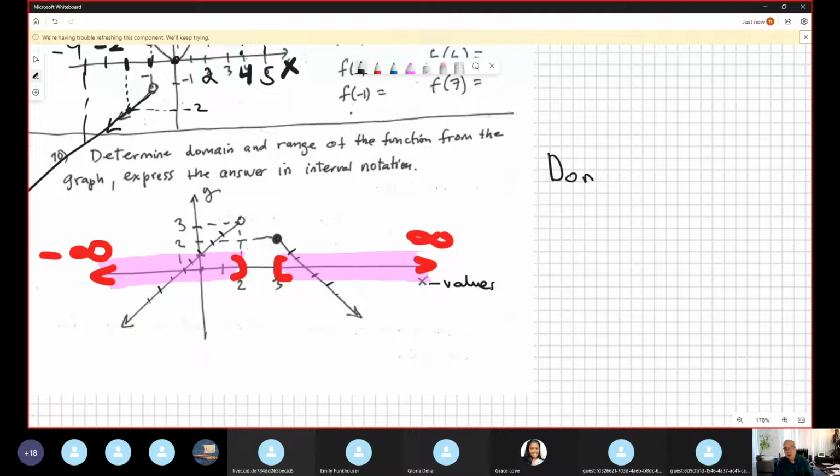The domain of the hypothetical function given in the graph is from negative infinity to 2 with a parenthesis, union, because it's 2 pieces separately, bracket 3 comma infinity. It is a bracket because it includes 3, and a parenthesis at 2 because it does not include 2. The reason is that you see here the circle full and here the circle empty, which indicates it's not defined at this value.